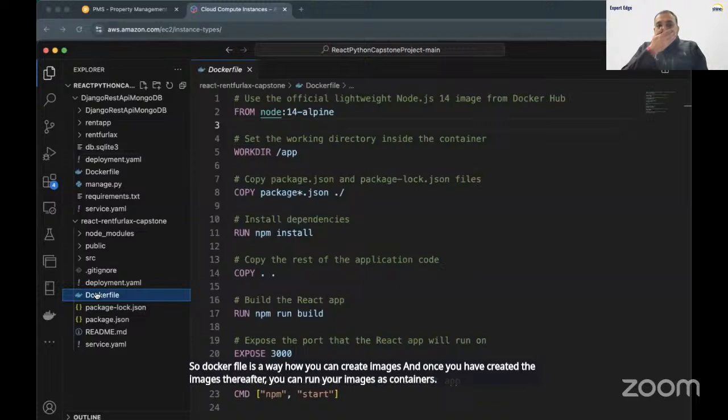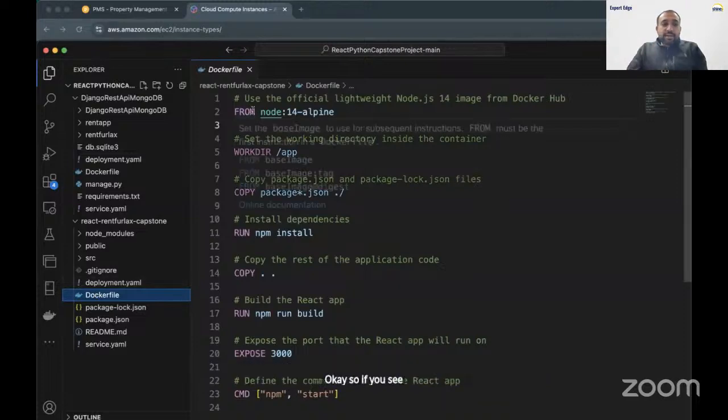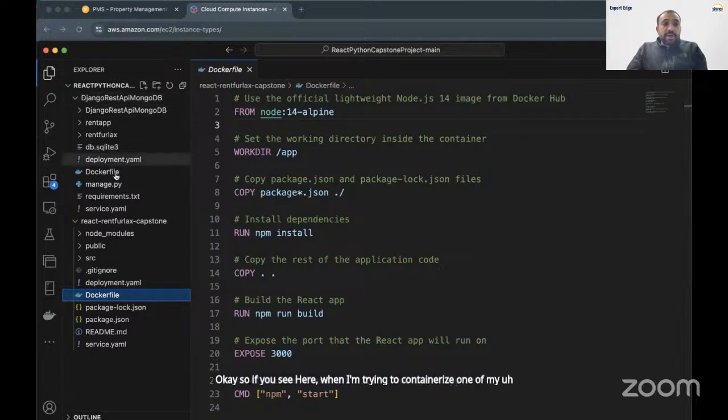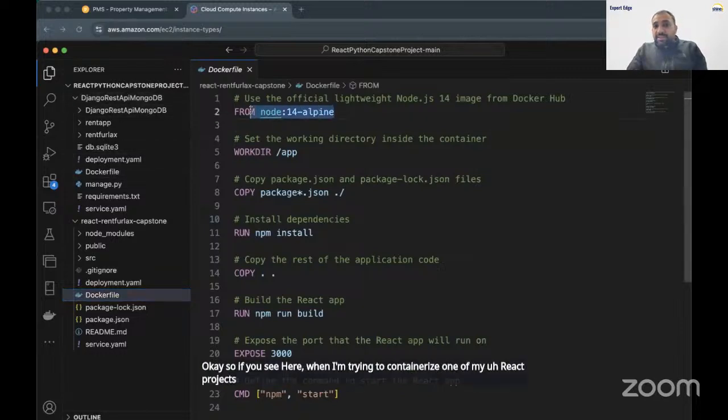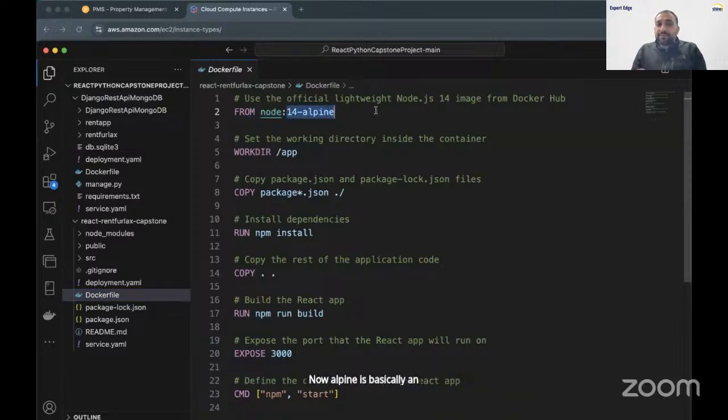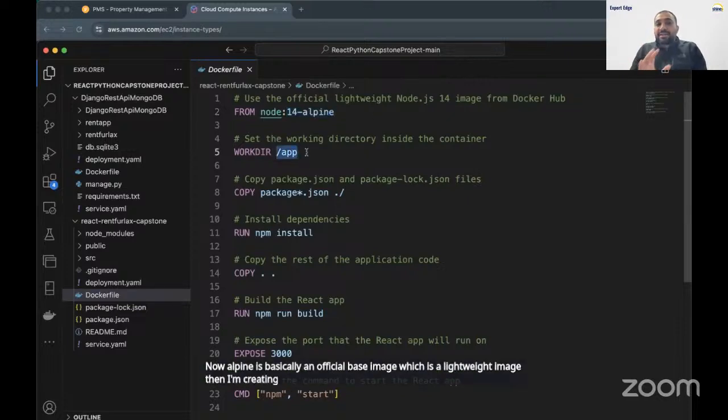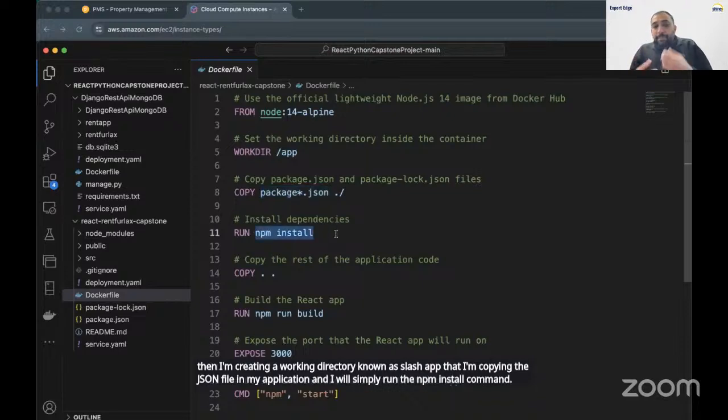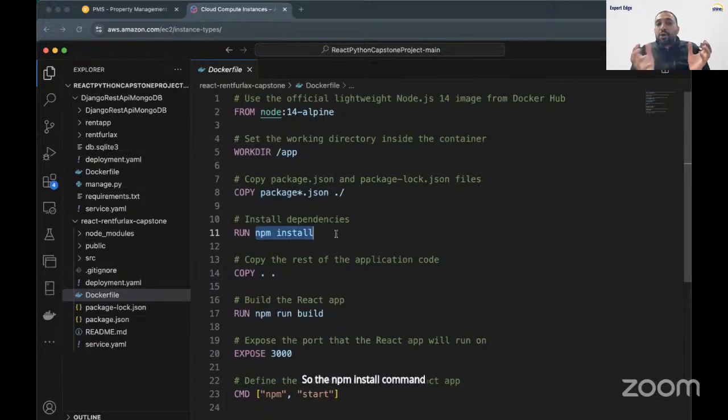Okay. So if you see here, I'm trying to containerize one of my React projects. The base image is this Node 14 Alpine, which is an official base image and a lightweight image. Then I'm creating a working directory known as /app. Then I'm copying the package.json file into my application, and I will simply run the npm install command. The npm install command is going to install all the packages as listed in my package.json file.